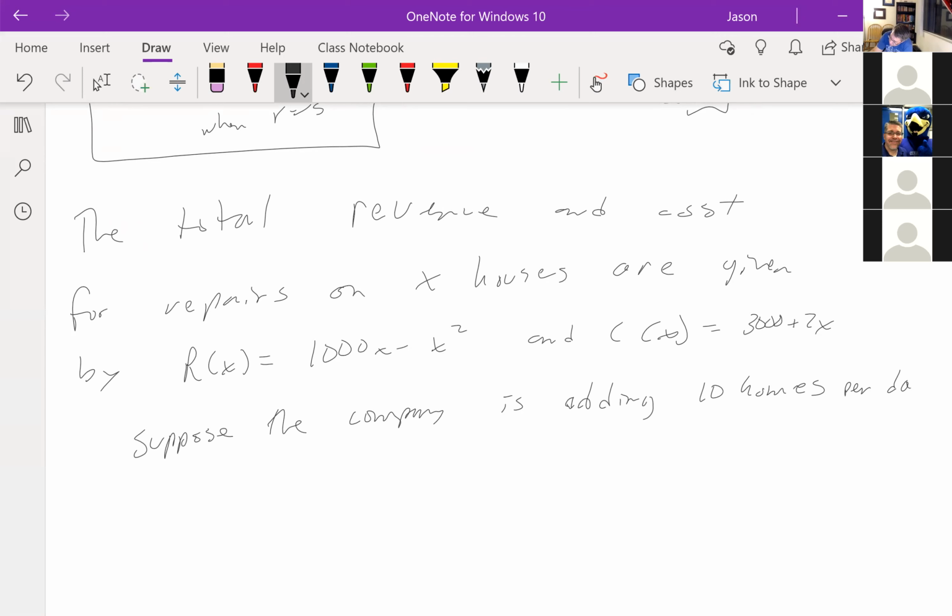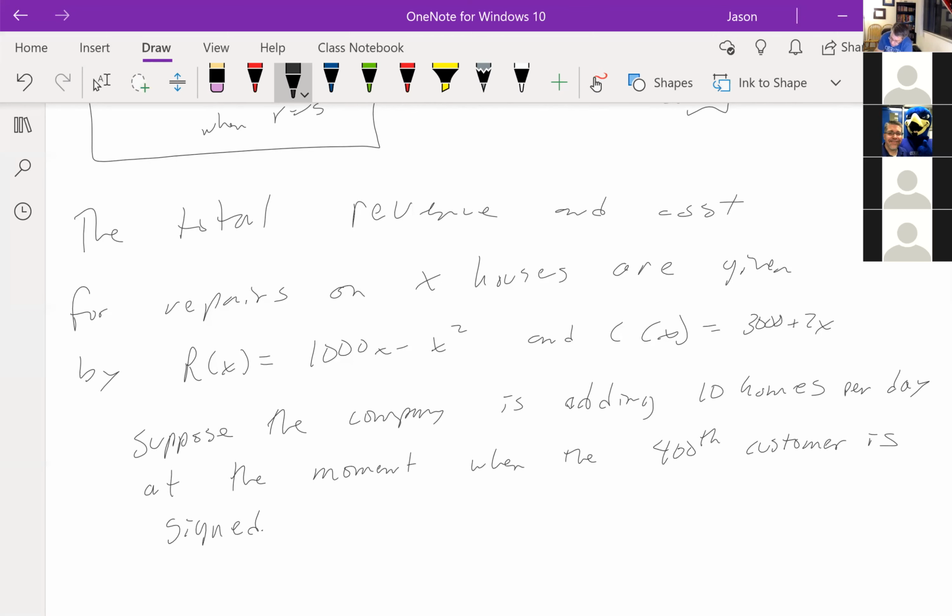They're increasing the number of homes by 10 every day. I don't know how long they can sustain that, but it's all good. Suppose the company is adding 10 homes per day at the moment when the 400th customer is signed, so the moment that they've signed 400 customers.